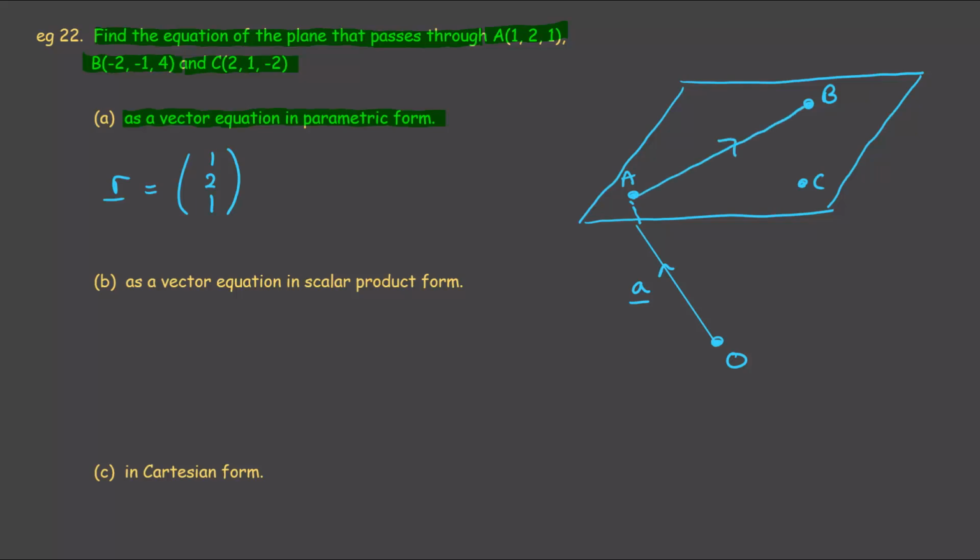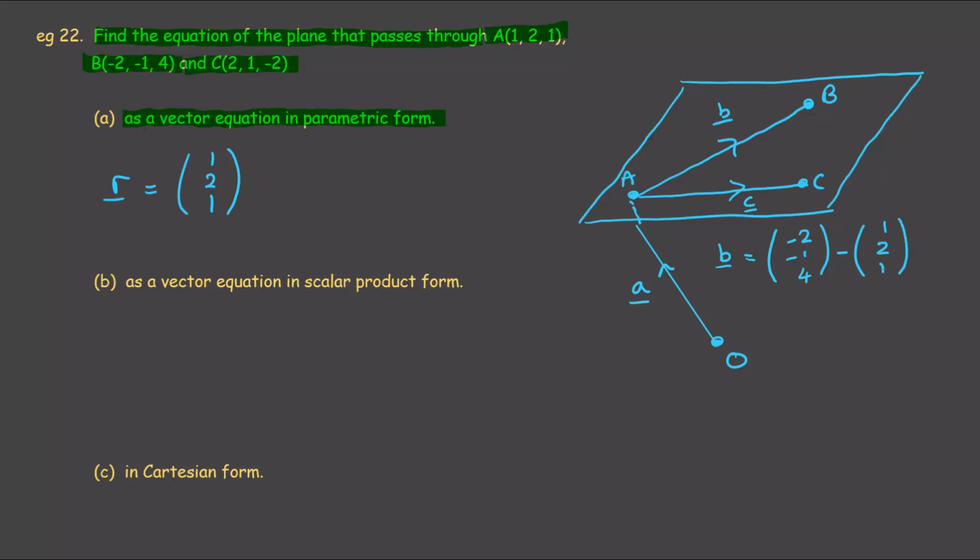Vectors that are parallel to the plane would be this vector AB and this vector AC. Now the vector AB is going to be (-2, -1, 4) take away (1, 2, 1).